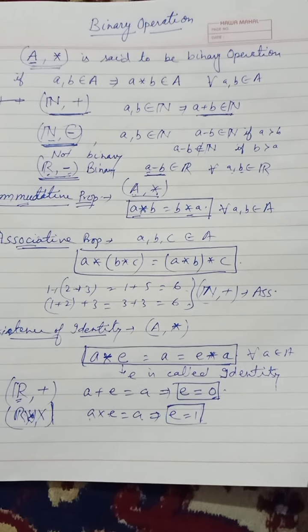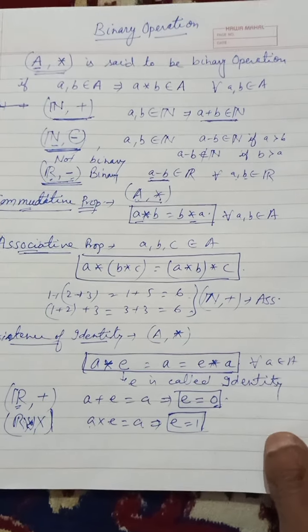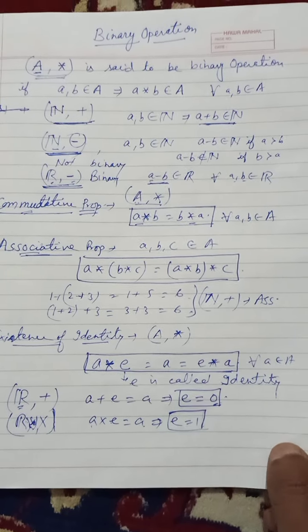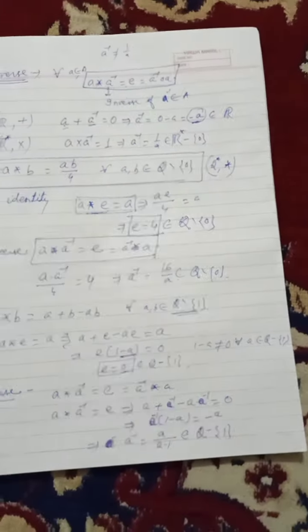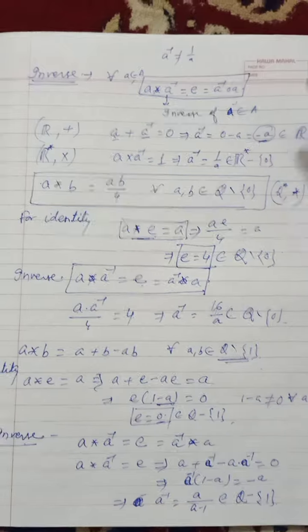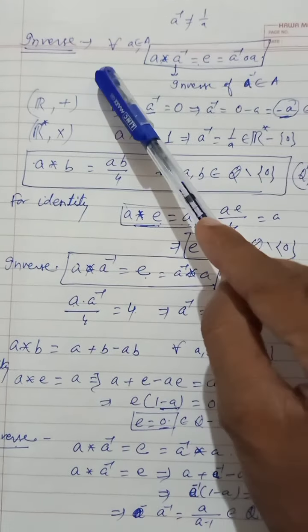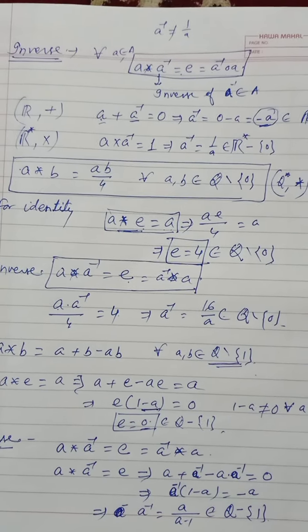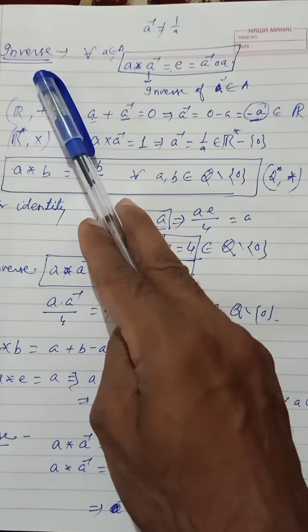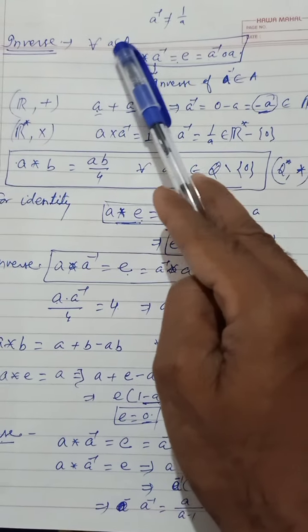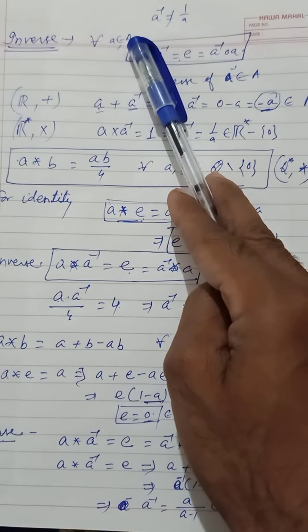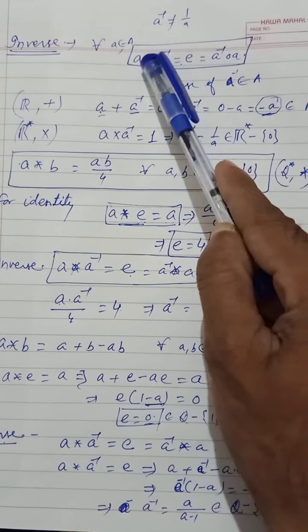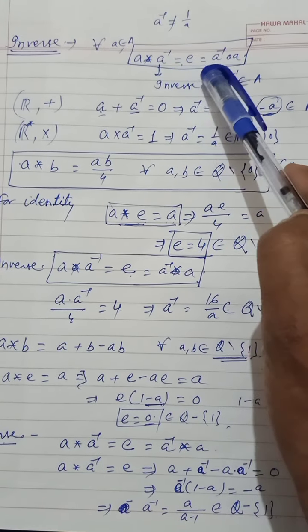Next. So these are the main basic binary operations and their properties. One more property is called the inverse. Inverse exists or not. So first we check the definition of inverse. For all elements A belonging to set A, A operated with A inverse always gives the identity.